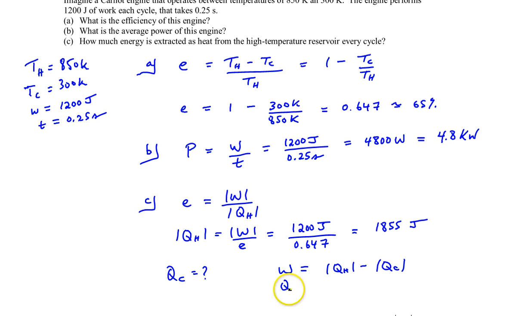Therefore, the energy output would be equal to the energy input minus the work done. So that would be 1,855 joules minus 1,200 joules of work, which gives us an answer of 655 joules expelled to the cold reservoir.